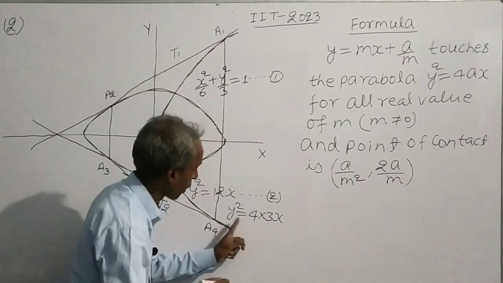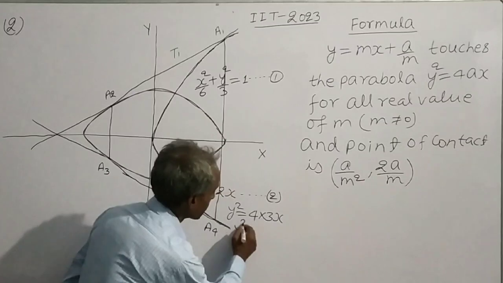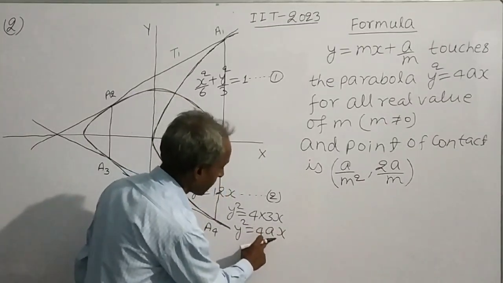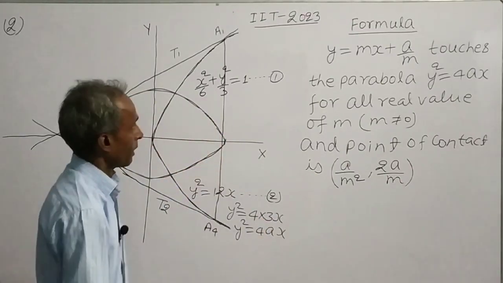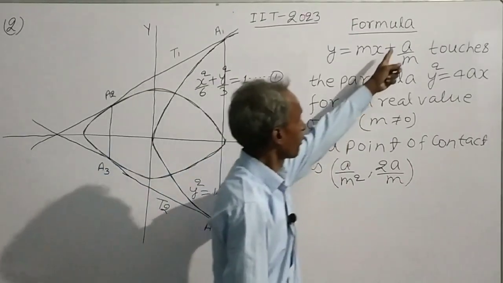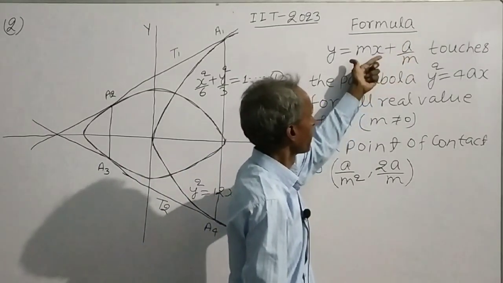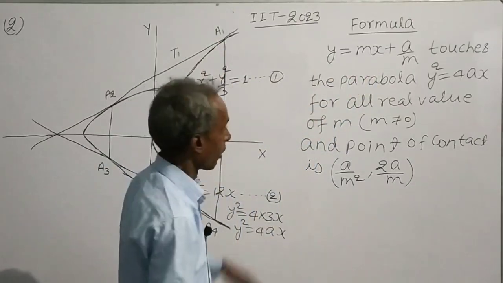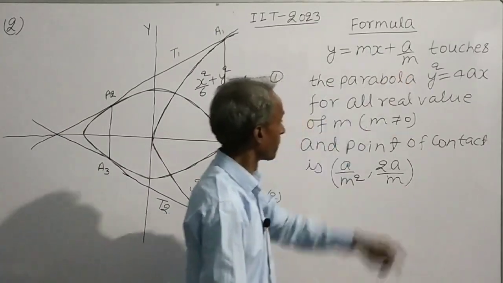Now this is in the form of y square is equal to 4ax, and in place of a, here is 3. When we put 3 in place of a, then this line will touch the parabola.